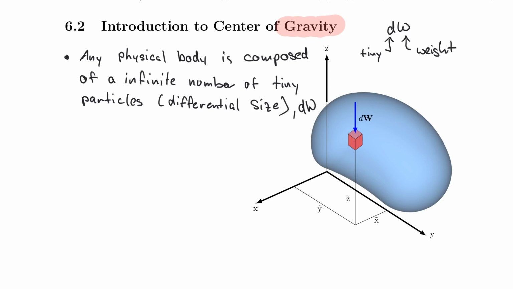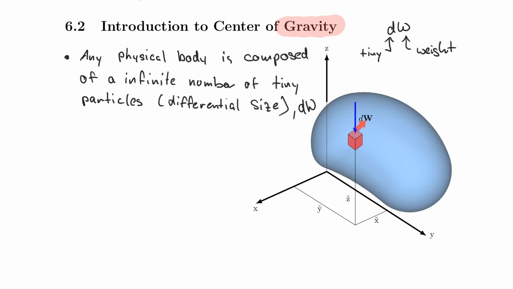The next observation comes also from this picture here, and we see that this dW, which of course exists many, many times, has a distance to the origin of the coordinate system. And this distance is not randomly named like this. It is actually called x tilde, y tilde, and z tilde in the respective coordinate direction. But please note that it's a tilde.